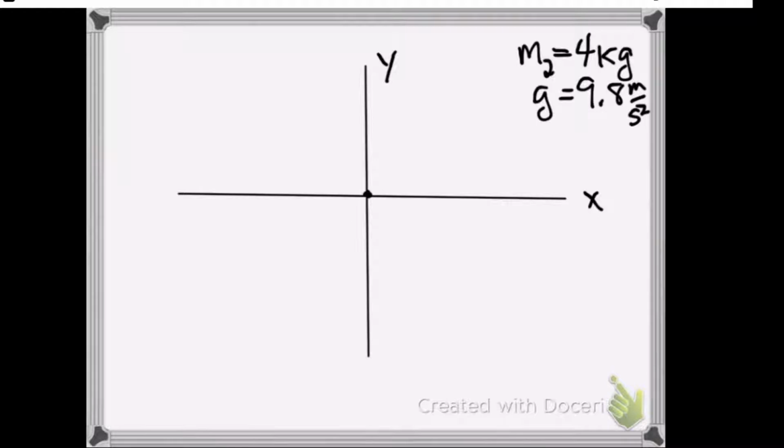So we have the tension force pulling up, and we've got the weight force pulling down, but this weight force is going to be equal to M2 times g. So we only have those two forces.